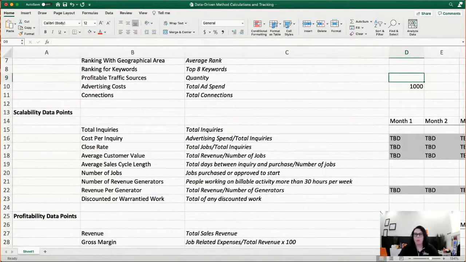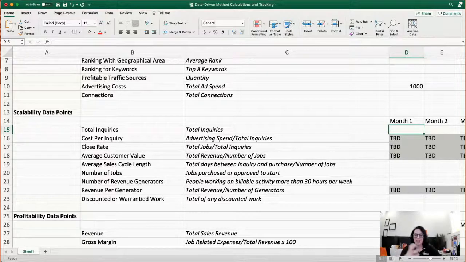So our total inquiries. What is an inquiry? This is when a customer moves through the customer journey and they are now either coming into your store if you have a brick and mortar store, or they are booking a call if that is your sales sequence.